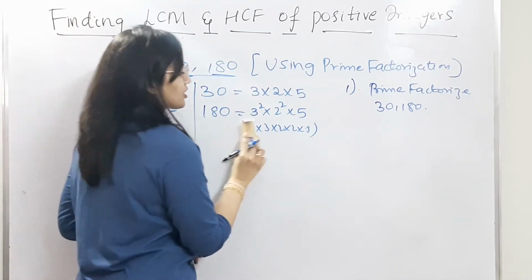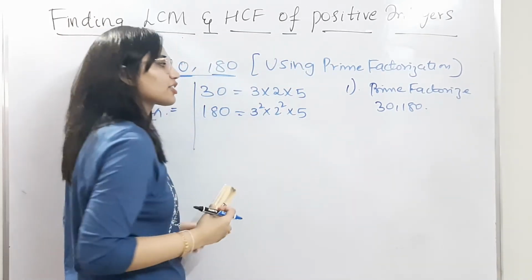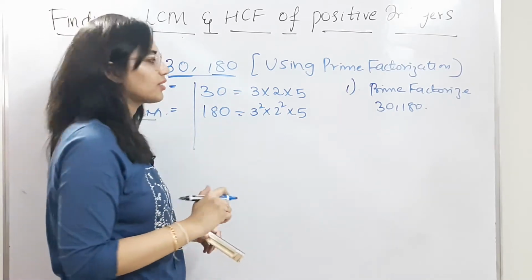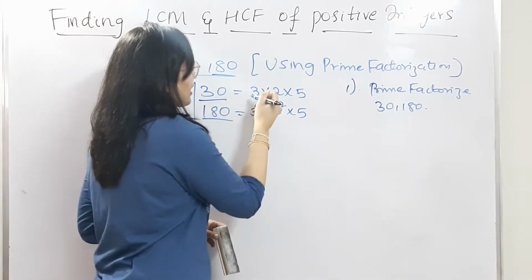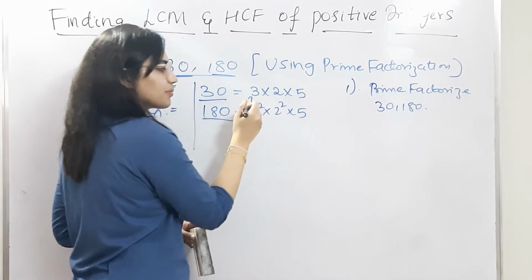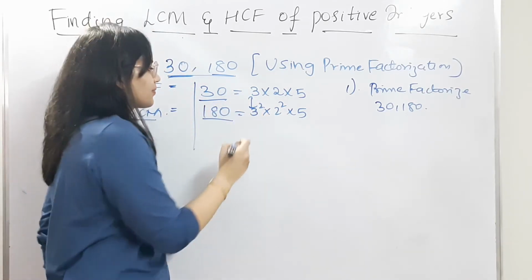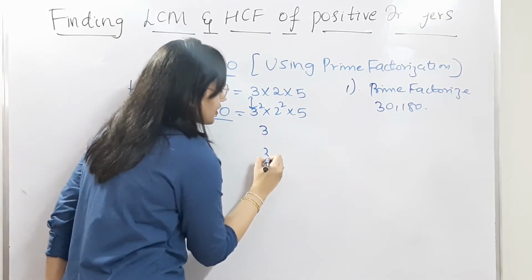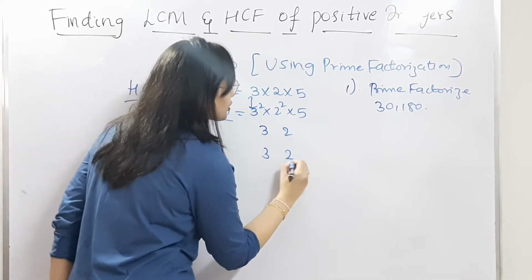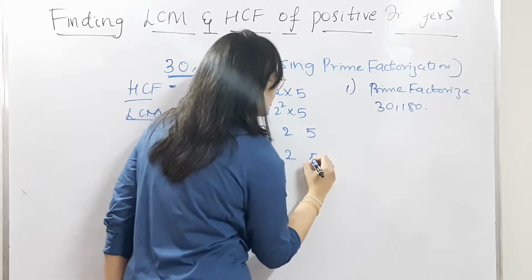So just for your understanding, now this is the actual result. And notice one thing here. What I have done is I have written the same numbers at the base of those numbers in one line. As in, whenever there is 3 here, I have written 3 here. Whenever there is 2 here, I have written 2 here. If there is 5 here, I have written the 5 here.